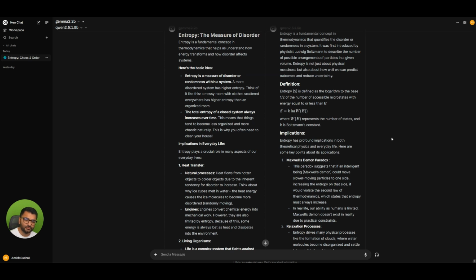But in terms of creative writing ability, I think the clear winner here would probably be Gemma 2, just because the Qwen 2.5 model ended up taking a lot of random directions in its story, and a lot of those pathways didn't make a lot of sense. So in this case, I would say the clear winner is the Gemma 2 model.